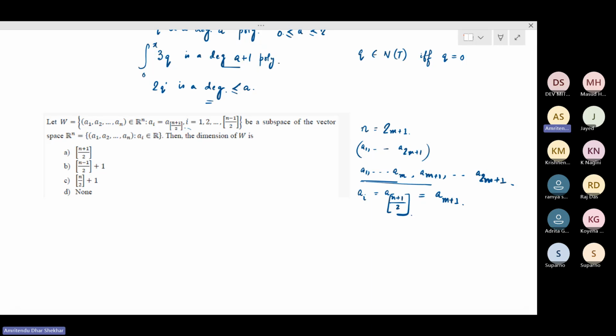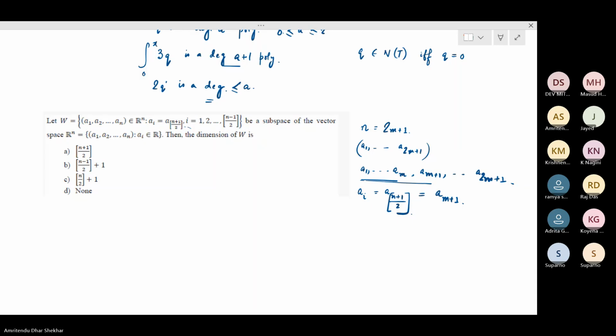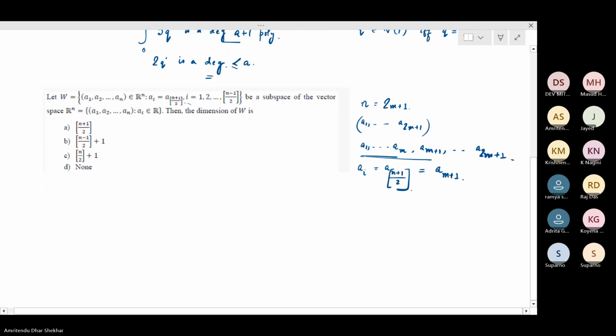Okay. So now the question is, what is the dimension of W? First of all, notice that this is actually a vector space.